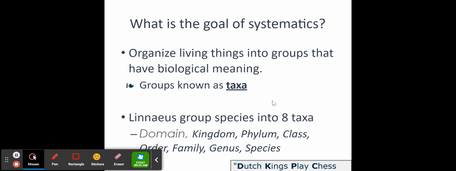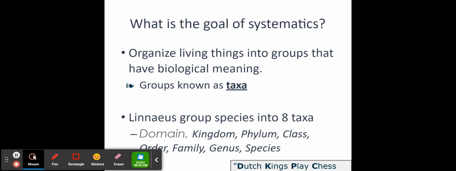So what is the goal of doing all of this? The big goal is that we want to be able to organize living things into groups, and we want these groups to have meaning for biologists and even those who are not well versed in biology. These groups are known as taxa.